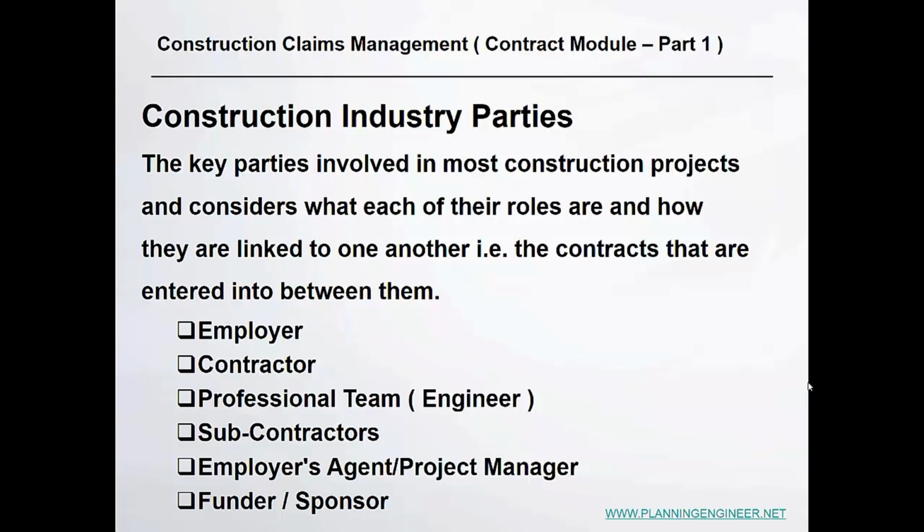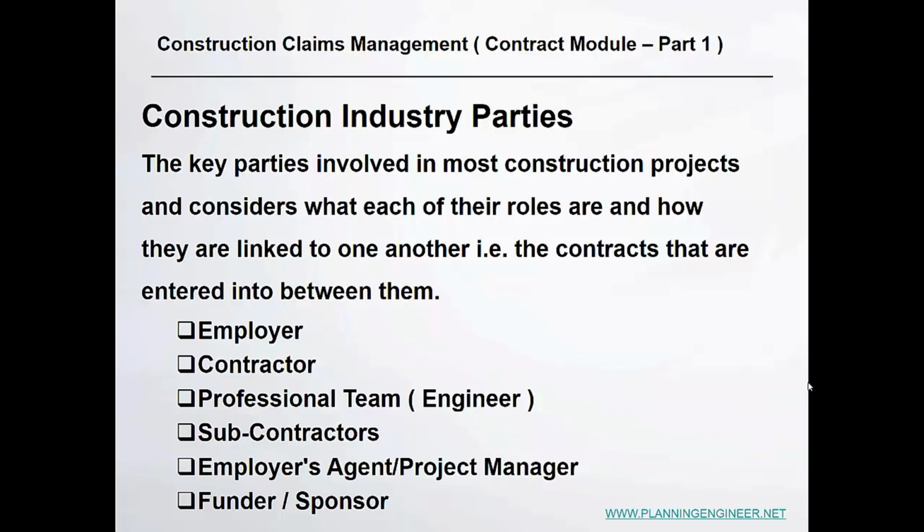First of all, you need to understand the different parties involved in any project. You could have many parties in any construction project. For example, the employer, the contractor, the professional team, the engineer, and here we could refer to it as a consultant as well. Subcontractors, and the subcontractor could be nominated by the client to you, or you choose your own subcontractors.